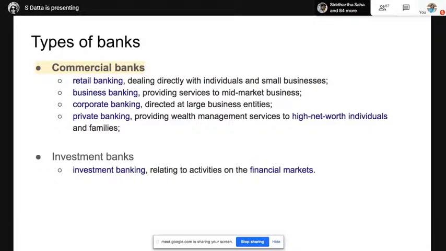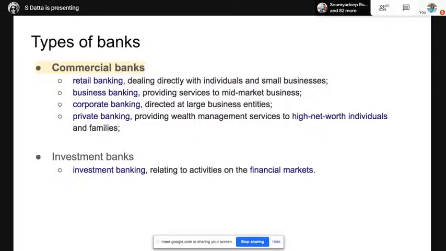You have retail banking, which deals with individuals and very small businesses. Then corporate banking, which deals with large businesses. And we also have private banking, which gives wealth management services and such.